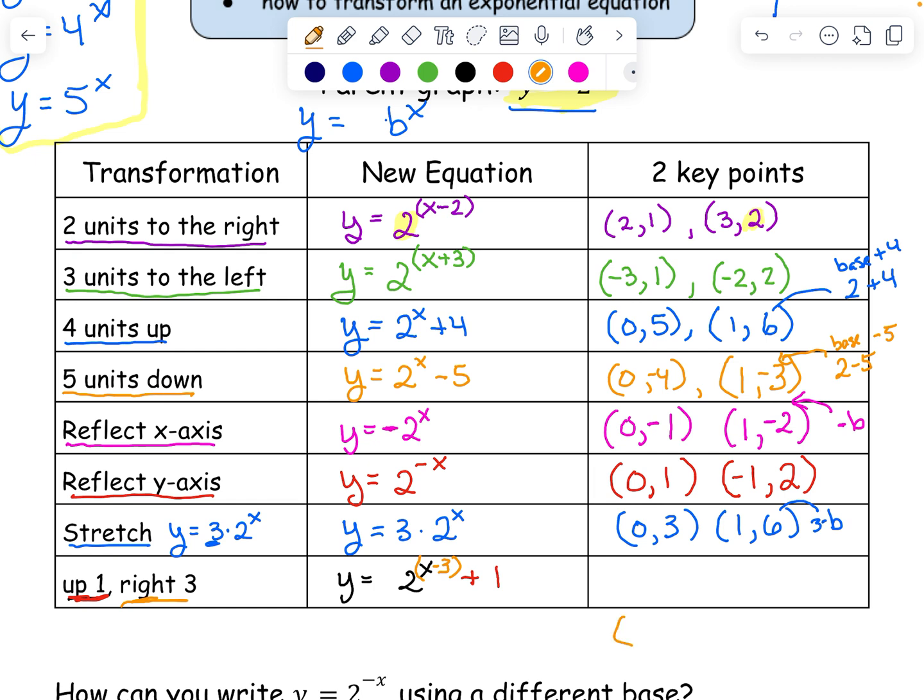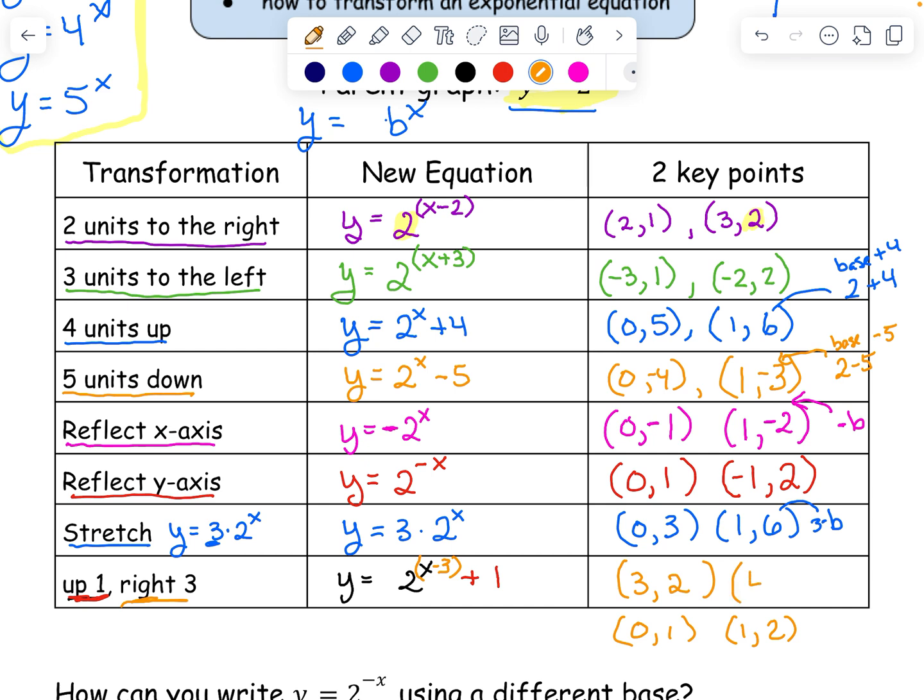So let's talk about where we were originally. We were at 0, 1, and then 1, 2, right? So what we're going to do here is we're going to go to the right 3. So now this is at 3, and we're going to go up 1. So this is going to be at 2. And then to the right 3.